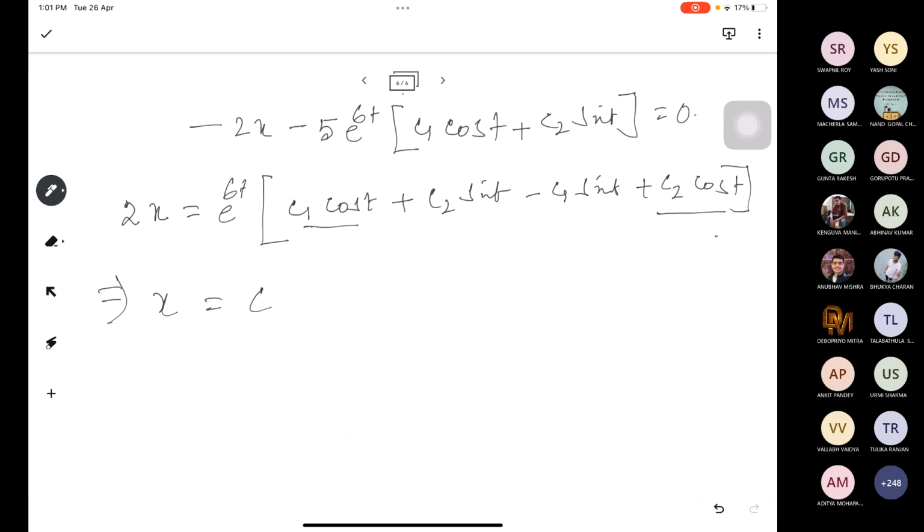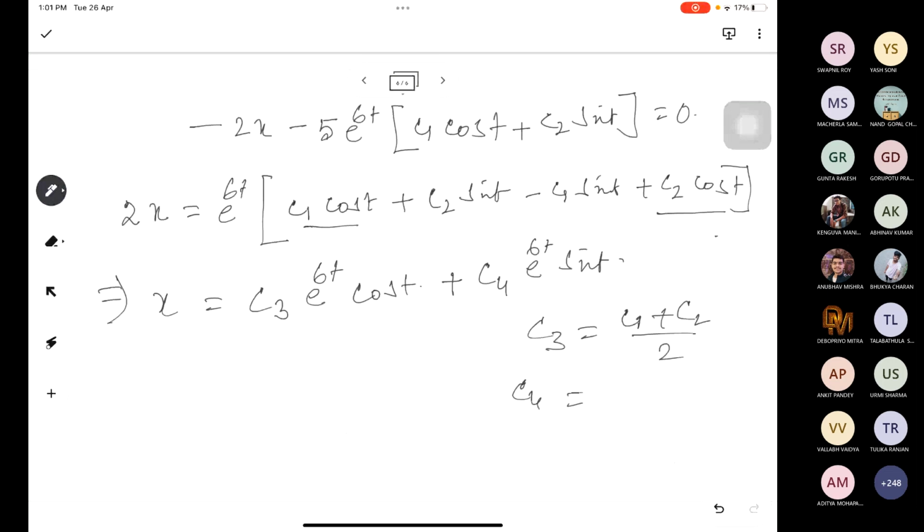So we can write, say, C3 e to the power of 6t cos t, and from here, C4 is equal to C2 minus C1.